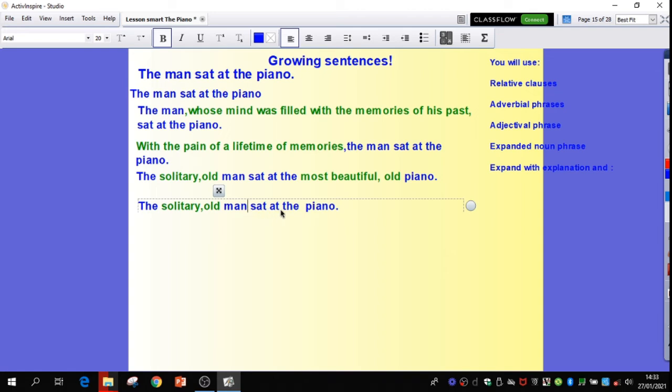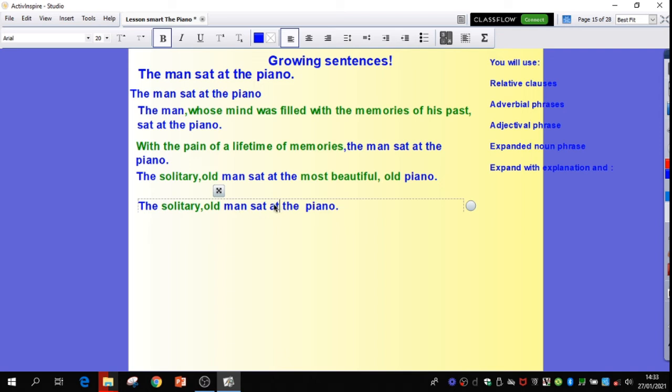So here, think about this. I'm doing an expanded noun phrase. Sat at. Now I've got at, so that's a preposition already. So I can just expand on that a bit more to make it more interesting. Because I could have sat at, sat on, sat under, sat behind, but I want sat at.